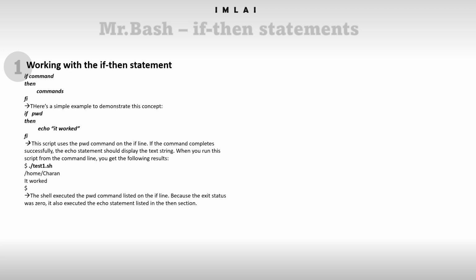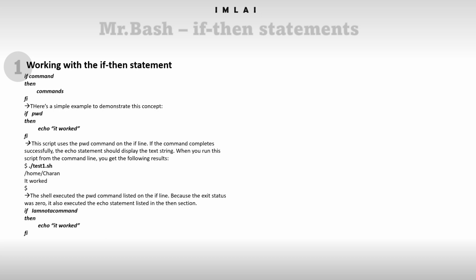So here the exit status code was 0, and that's the reason the pwd output was printed, and then it also executed the echo statement listed in the then section. Now let us try a different exit status code in the if section and see what's going to happen.